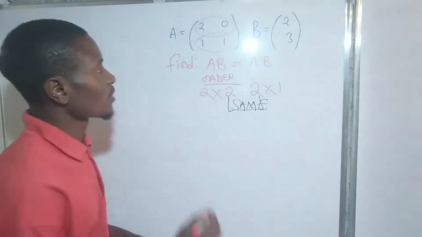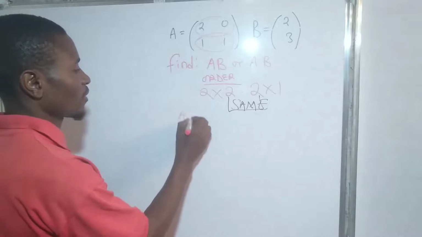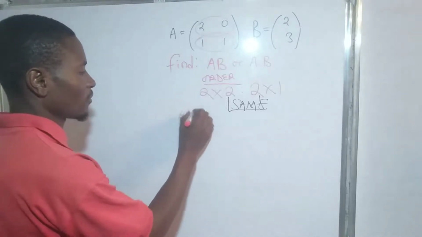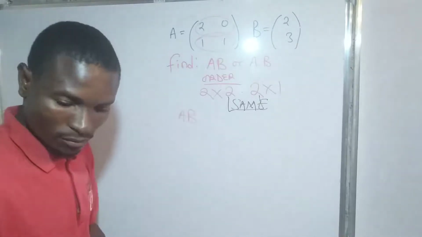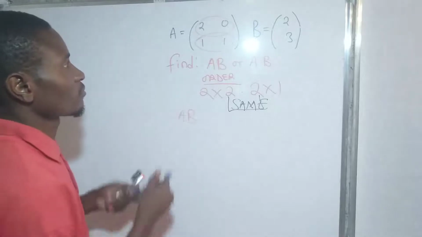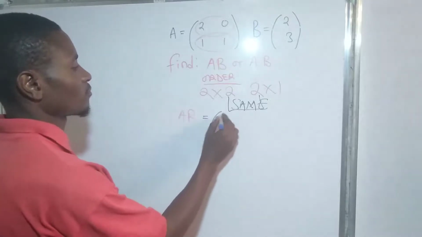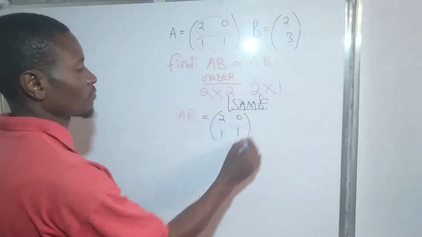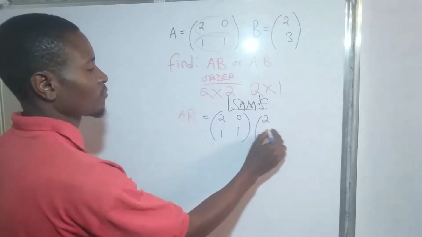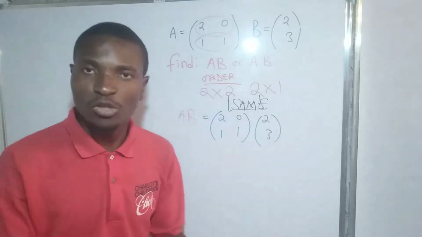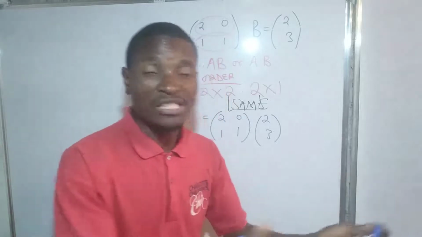So we are going to say A, B. The way you multiply two matrices is row into column.